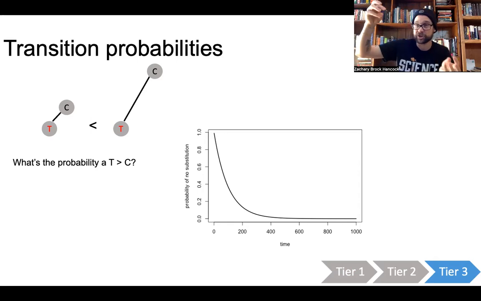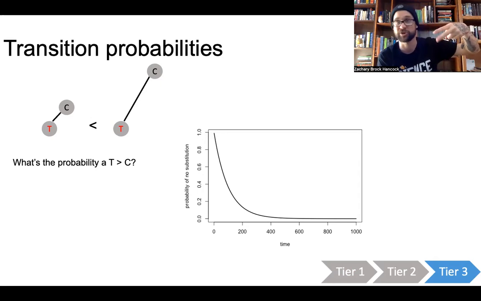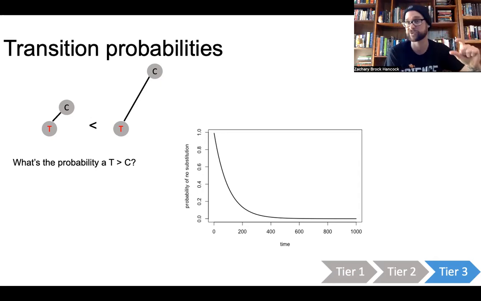But if that ancestral node is very near the tip, then the probability is much greater that those two values are exactly the same, that it would be a C and the ancestor would also have a C. That's just to prime your expectations on transition probabilities, but let's dig into one specific example.